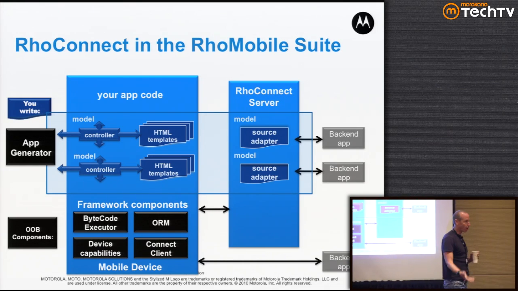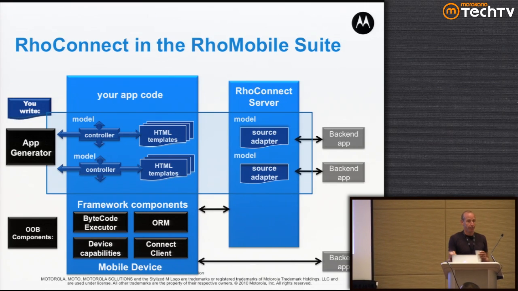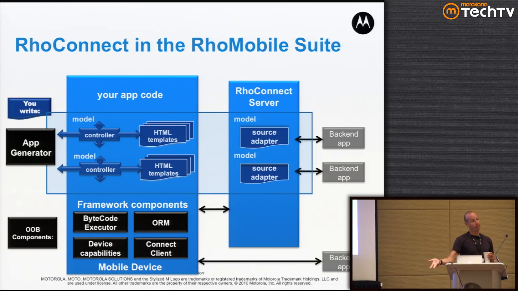You're not doing any parsing, you're not doing any explicit connections to the backend system. You just say, hey, I have some data in my ORM, and now you can make object calls like asset.find or account.find or product.new in your inventory app to create and read that data.